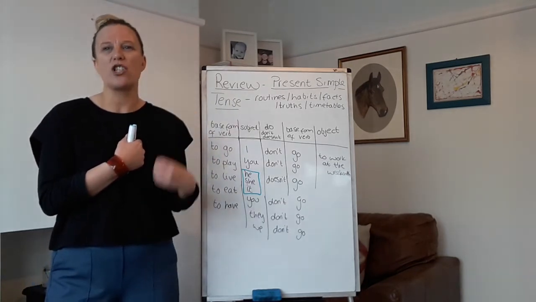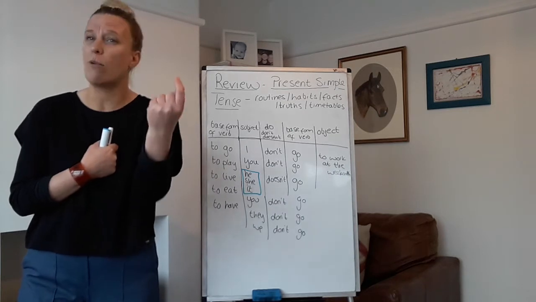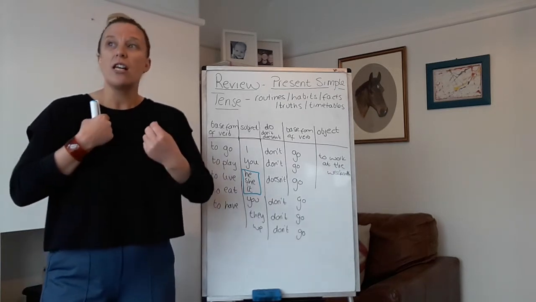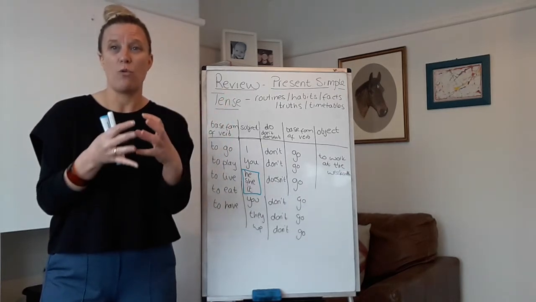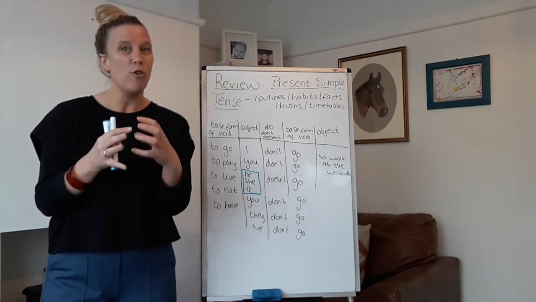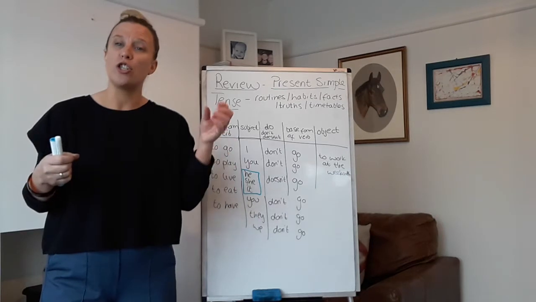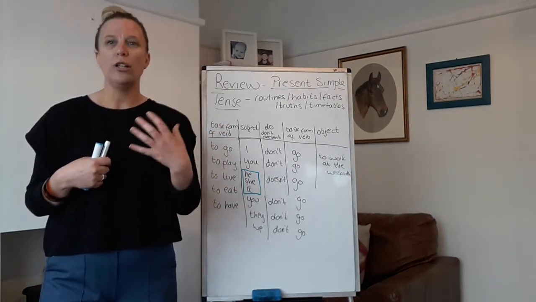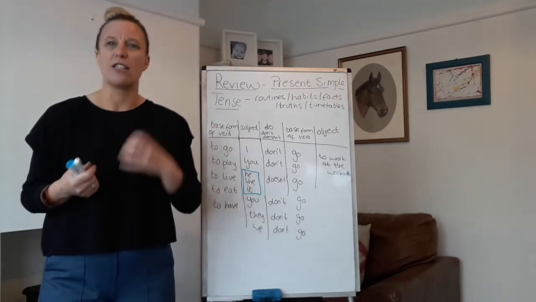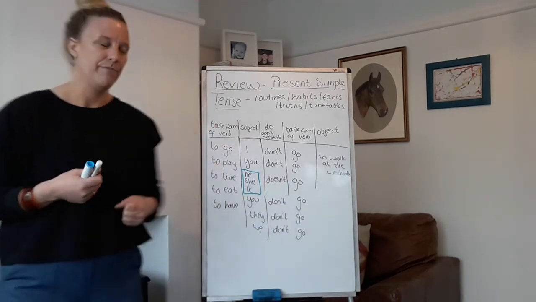Make sure that you're shortening those words when we speak, because in spoken English, we are contracting those words. When we're writing formally, you would write the full word, do not, does not. But in spoken English, we would contract them, don't and doesn't.